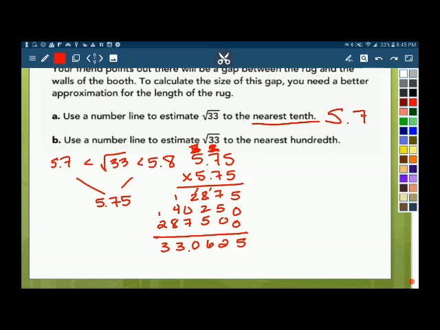Okay, so I'm getting 33.0625 for 5.75 squared. So since that's over 33, I'm going to try now 5.74 squared. So 5.74 times 5.74. I'm going to do that long multiplication, and we'll see which one's closest.